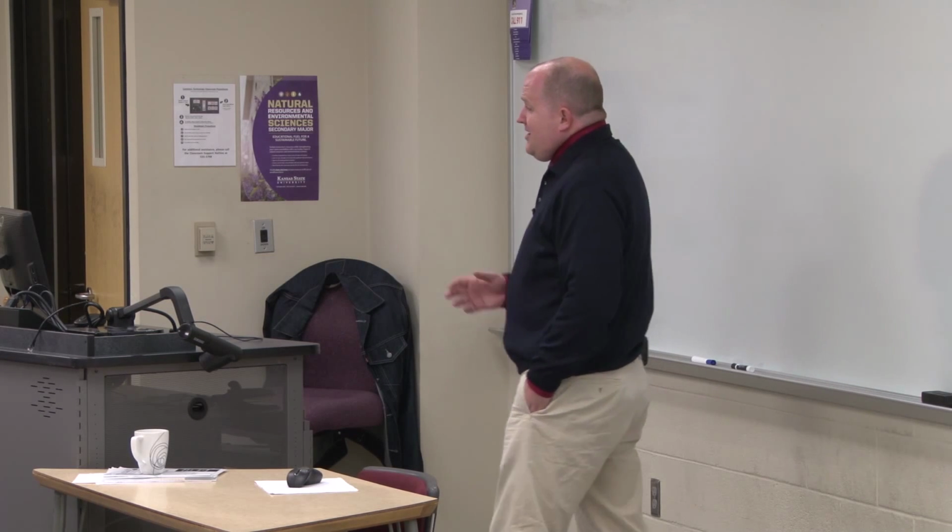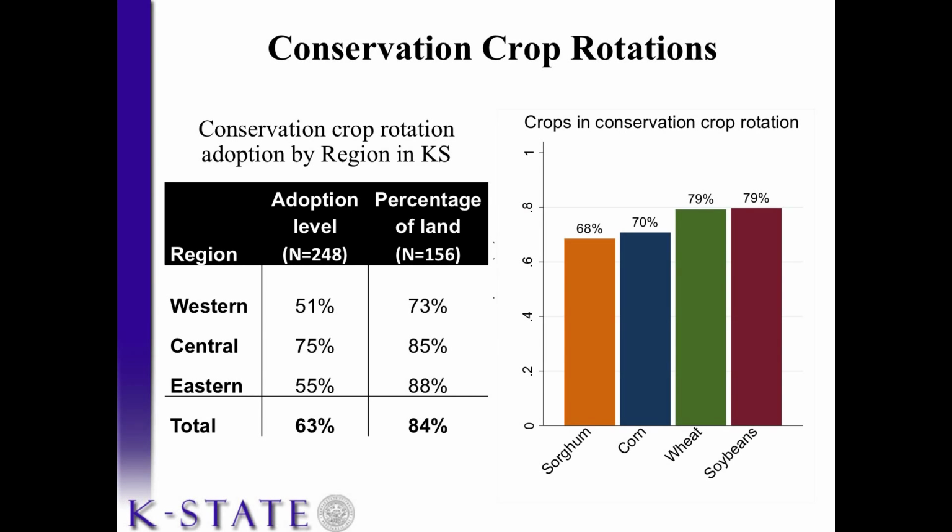In terms of conservation crop rotation, not really surprisingly, but it was a little surprising to us how many people are actually doing this already, have just switched to this naturally. This is not something that gets paid out a lot. A lot of farmers have switched to crop rotations, and a lot are moving and adapting, so we have the adoption level of the amount of rotation and the amount of land.